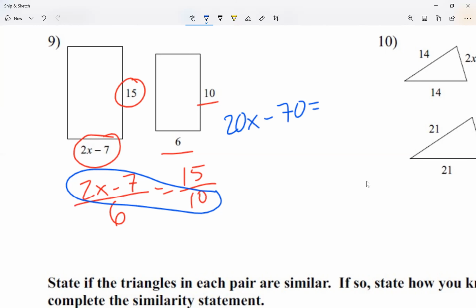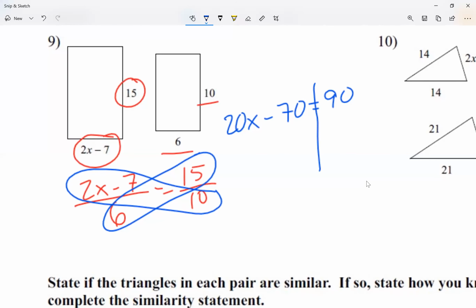Notice I went 10 times 2X and then 10 times 7. The number by itself has to be multiplied to both, okay? And then on the other side, 6 times 15. 6 times 15 is 90.